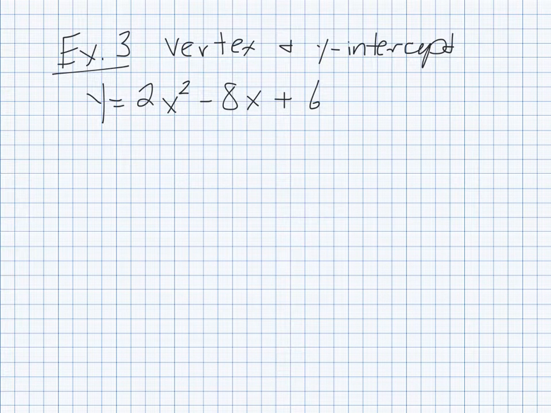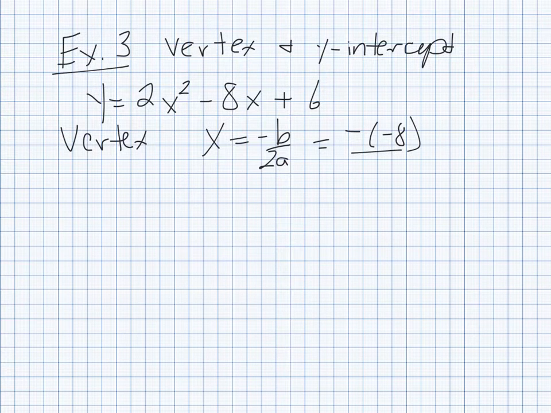Alright, for example 3, we're going to find the vertex and the y-intercept of a function. Here we have the function y equals 2x squared minus 8x plus 6. Our formula for the vertex, x equals negative b over 2a, is negative negative 8 over 2 times 2, or 8 over 4, which gives us 2.